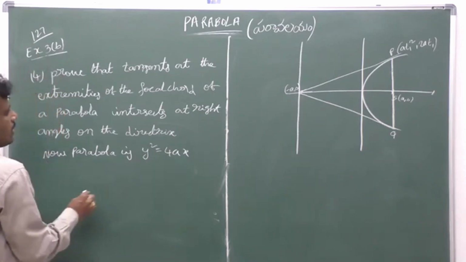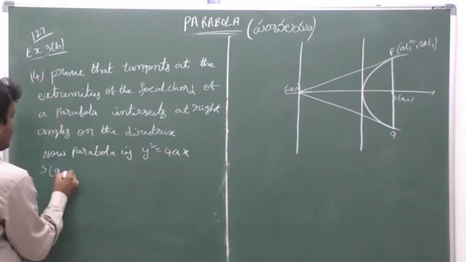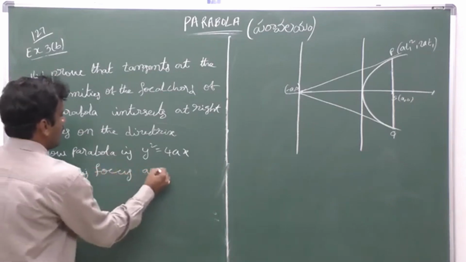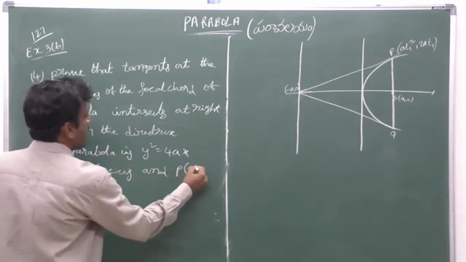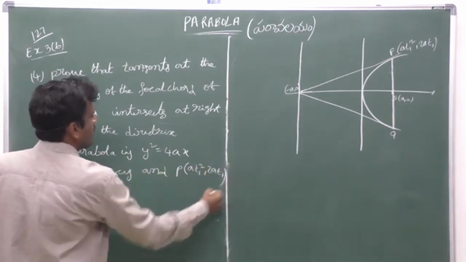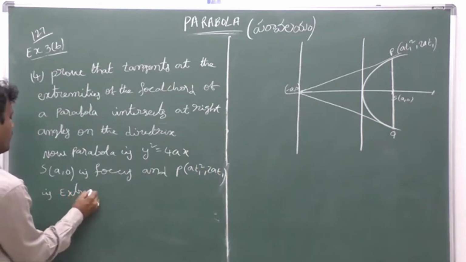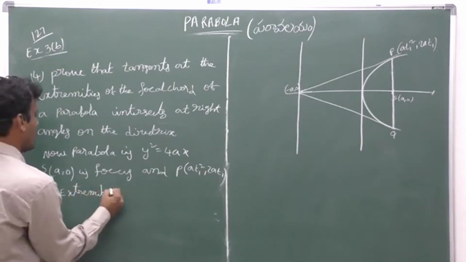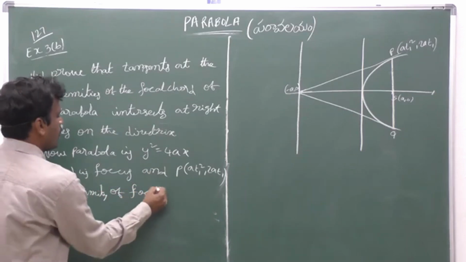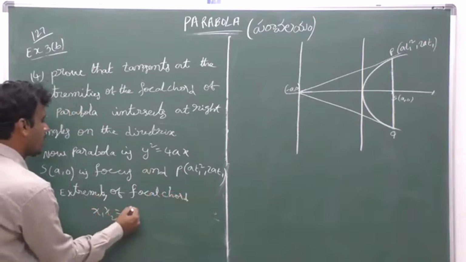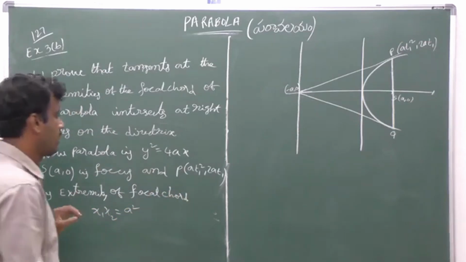Next, S is the focus, and P (at1², 2at1) is an extremity of the focal chord. Focal chord means that x1x2 = a², y1y2 = -4a².